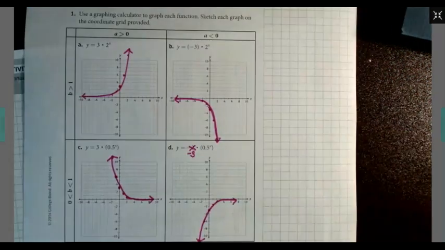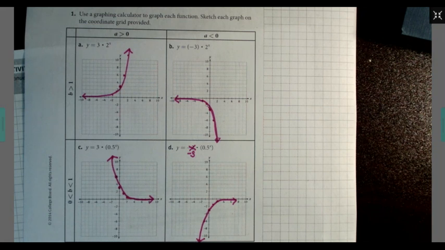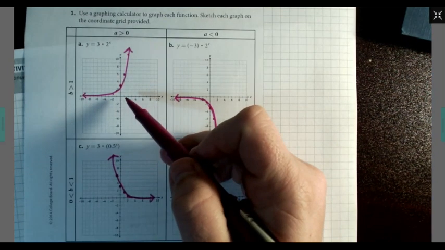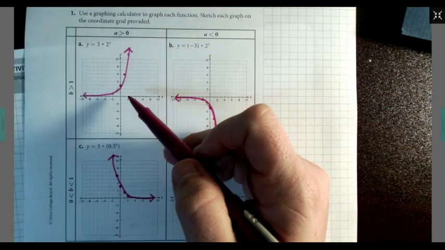Use words like positive and negative. Positive and negative are talking about your y values. So in this picture, your y values are always positive.